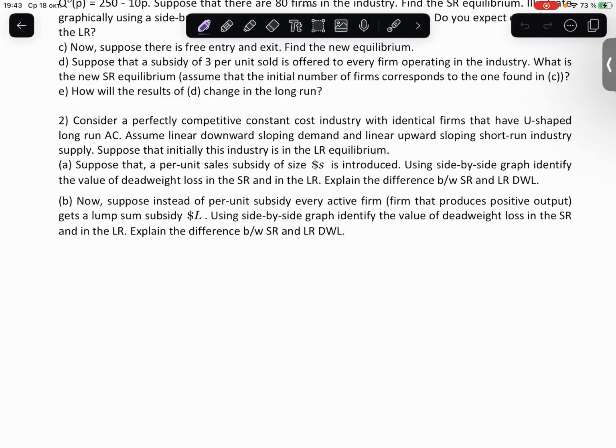Consider a perfectly competitive constant cost industry with identical firms that have U-shaped long run average costs. First of all, what does constant cost industry mean? That means that costs of each firm do not depend on the number of firms. So when the number of firms increases or decreases, total costs stay the same.